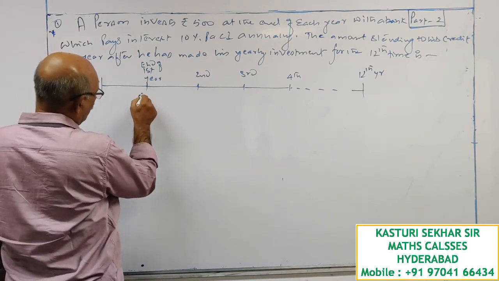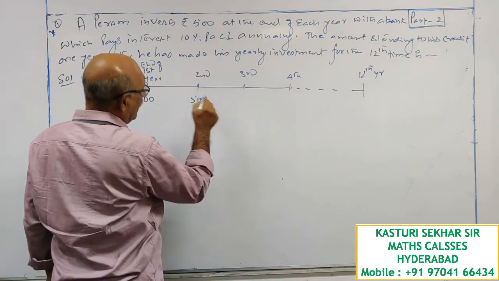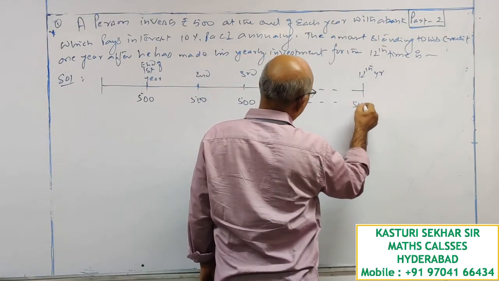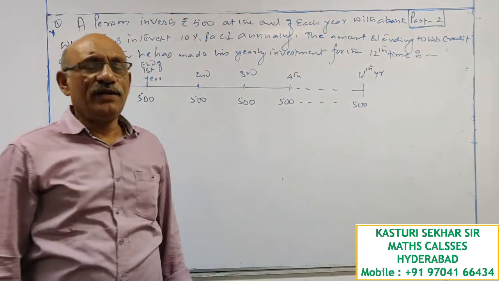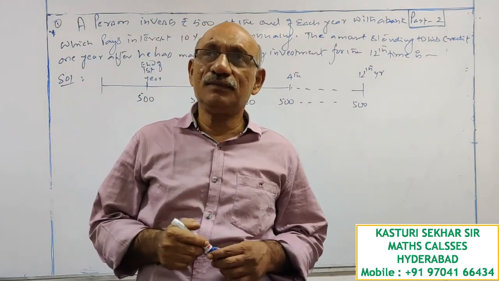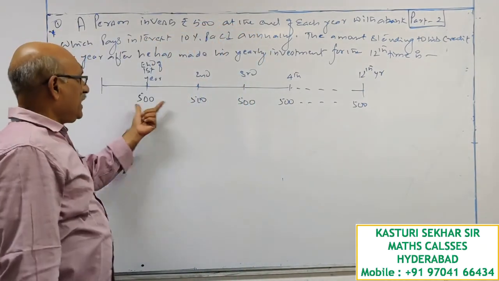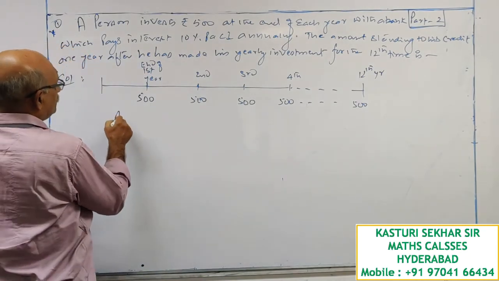How much amount he deposited? 500, 500, 500, 500, this way 500. So what will I do here? First I'll calculate the accumulated value of these 12 payments. It is an annuity concept.